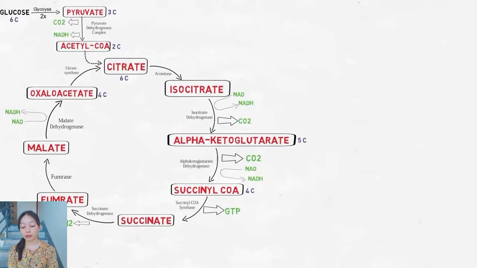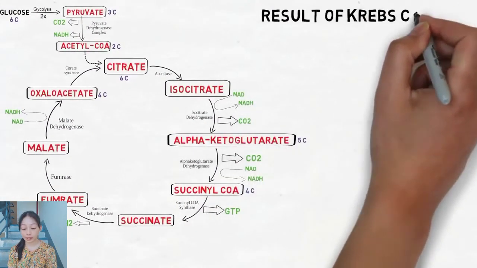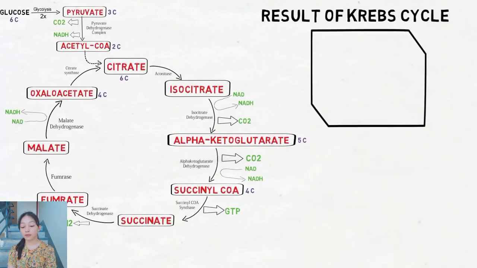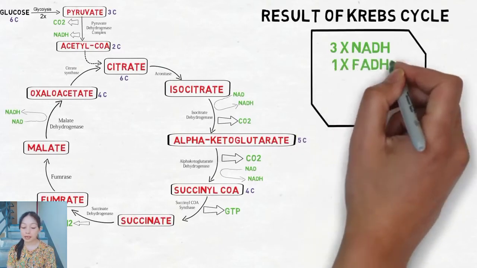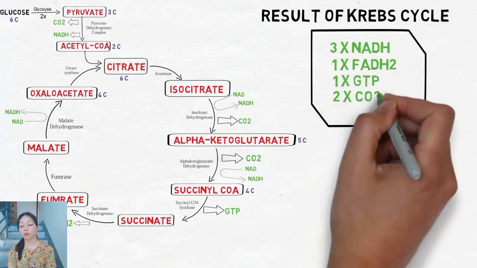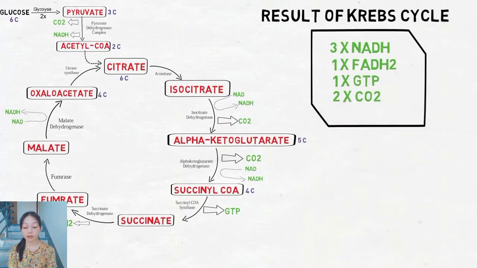Now let's look at the results of the cycle. Through each cycle, the following products are generated: 3 molecules of NADH, 1 molecule of FADH2, 1 molecule of GTP, and 2 molecules of carbon dioxide.